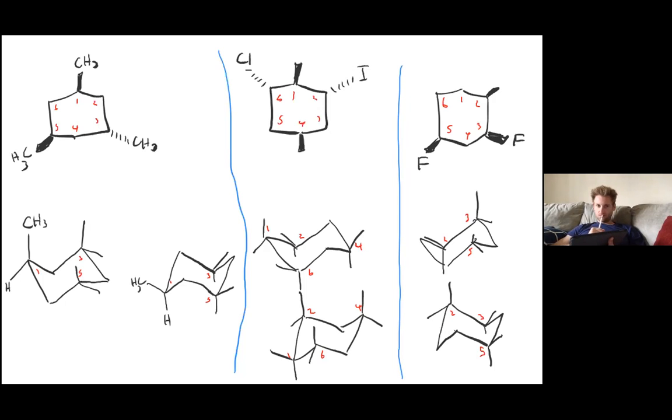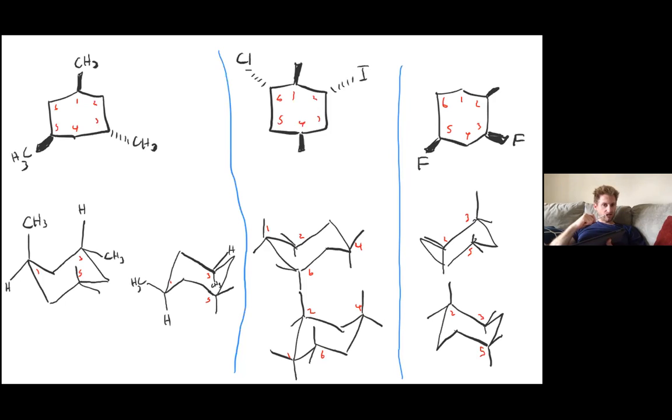Carbon 3, we've got a dash CH3, so a down CH3. Of the two positions, this one should be down, this one should be up. Same thing on our other molecule, down should be, in this case, axial, and H should be equatorial.